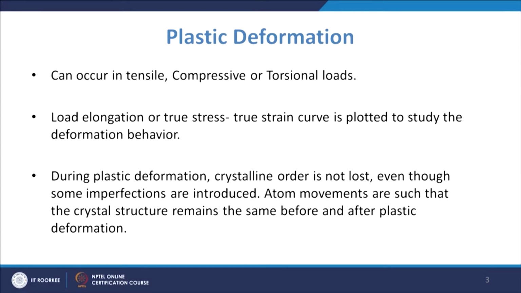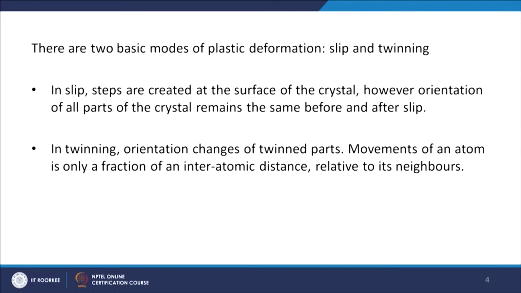The atoms are arranged in a certain order, and when there is plastic deformation, the crystalline order is not lost, though some imperfections may be introduced. If you talk about the mode of deformation, there are two modes, the slip and the twin. Now, how do slip and twins look?